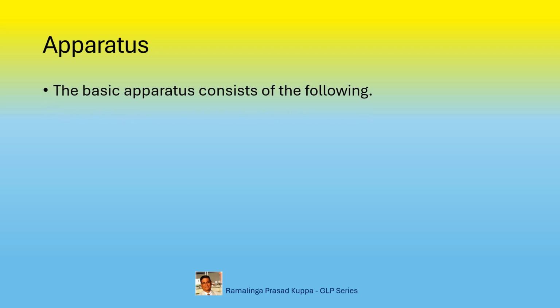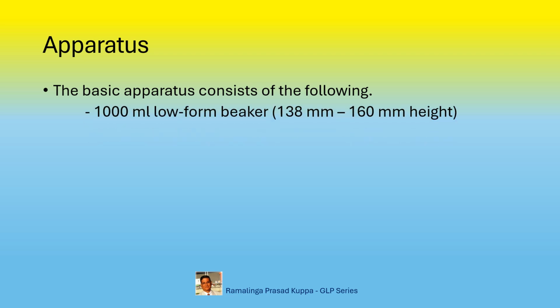Let us see the basic design of the apparatus. The basic apparatus consists of the following: a 1000 ml low form beaker with a height of 138 mm to 160 mm. This is the setup of the basket rack assembly.